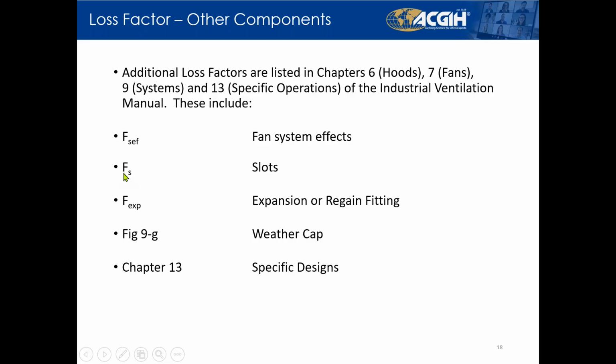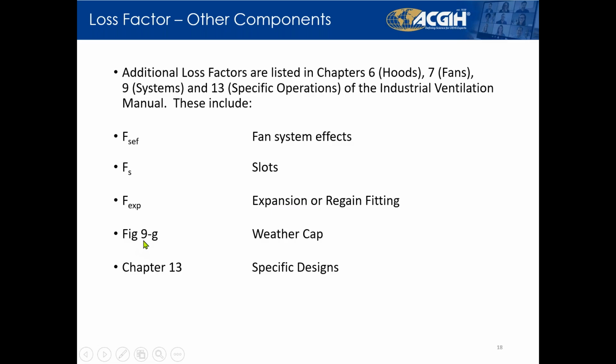F sub S, which is an entry loss factor for a slot, would be found in Chapter 6, Chapter 9, and Chapter 13. In a case where you have a slot, that would be considered a compound hood, so you would have your F sub S entry loss across a slot. You would still have your F sub H entry loss, which is from the hood into the duct, and then of course your acceleration loss. And then Chapter 9, F sub EXP for expansion or regain fittings.